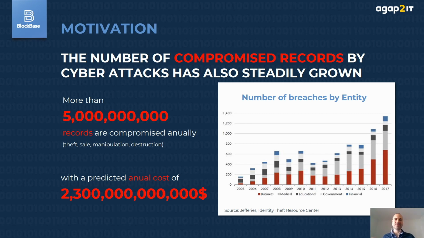It traverses a lot of different sectors, but mostly, as you can see in this chart here, it affects businesses, medical data, education. These are very important sectors where cyber attacks have a big impact on the data being stored there. So this is a big motivation to create a system that tries to solve these types of problems, okay?